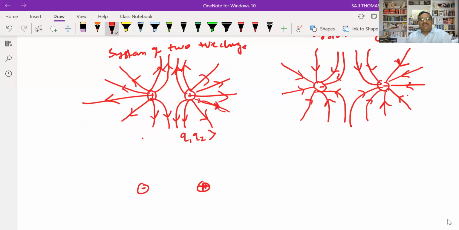This arrangement is known as a dipole. Drawing the field lines, positive, negative, the field lines will be like this.